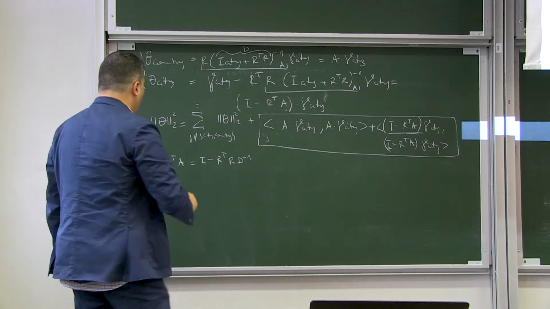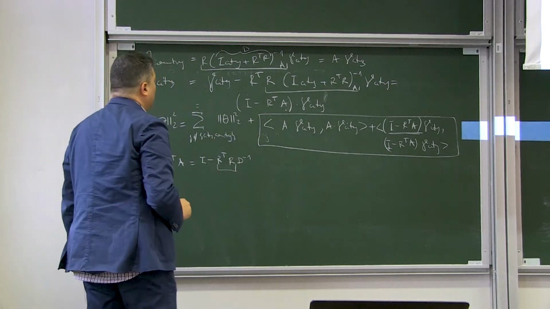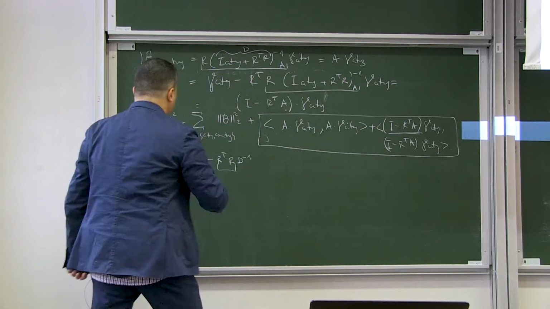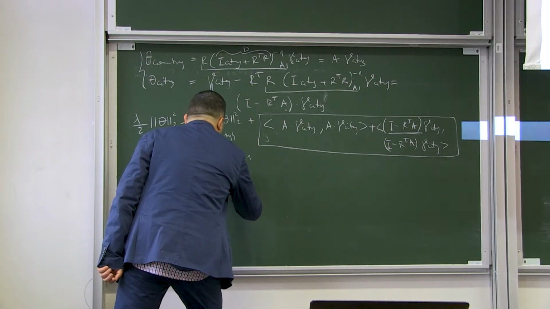Now, R transpose R from here is nothing but D minus I.